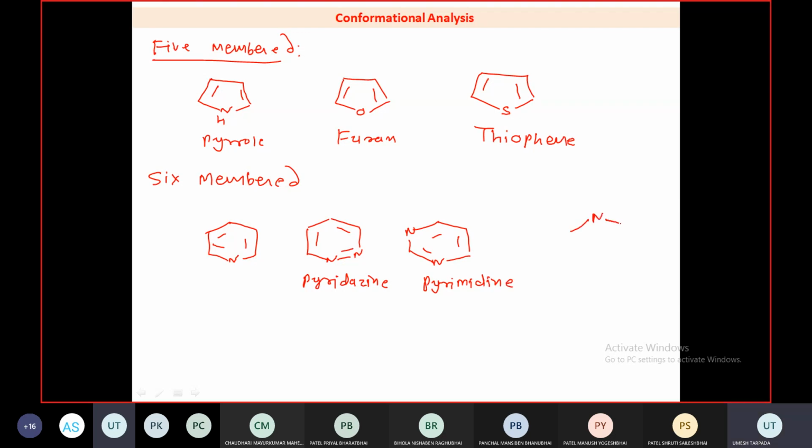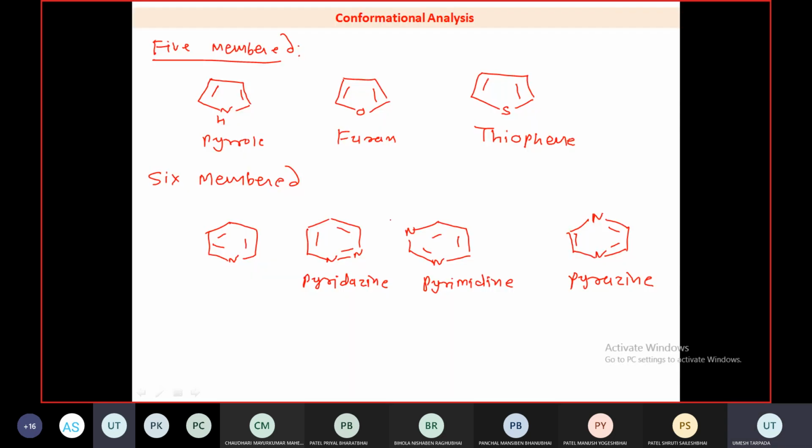If 2 nitrogen atoms are at 1 and 4 position, it is called pyrazine. So all are examples of cycloalkanes which have a heteroatom as a part of the ring.